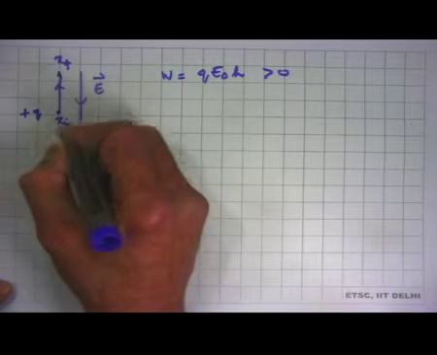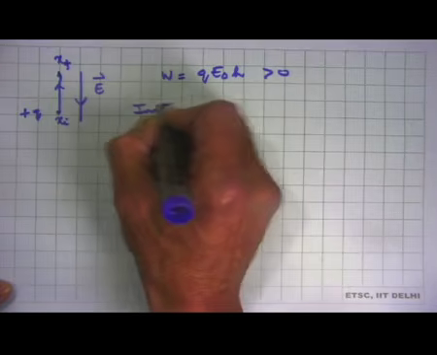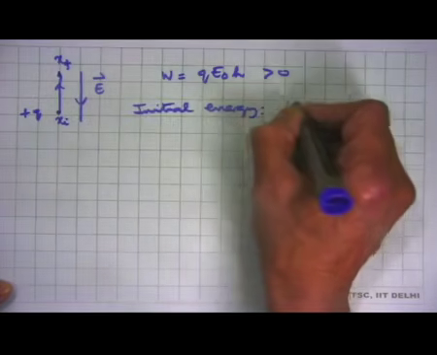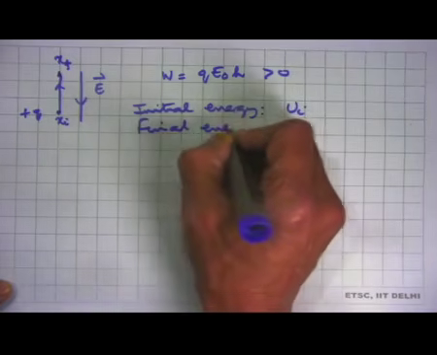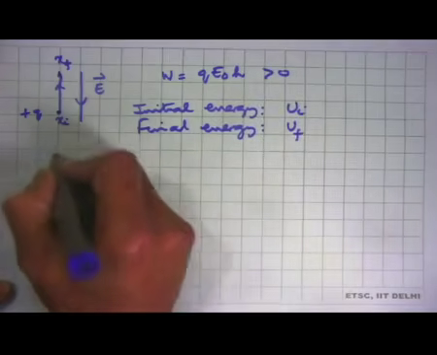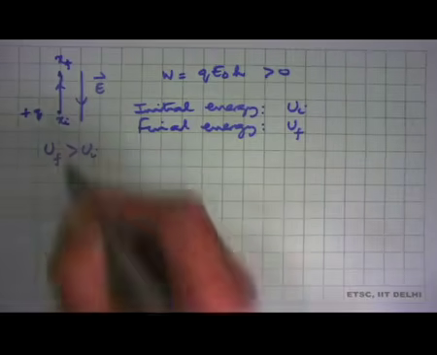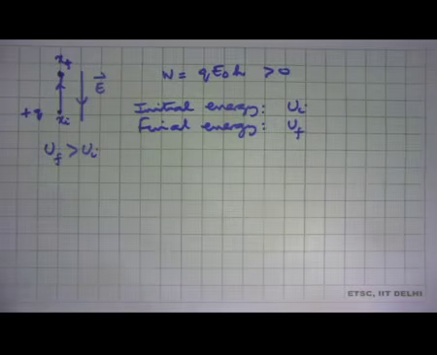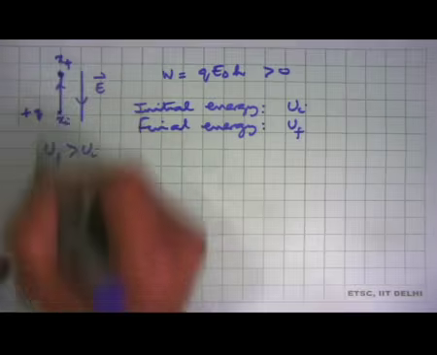If I call the initial energy of the charge ui and the final energy uf, you see here in this case uf is greater than ui. The potential energy at this point is more than the potential energy at this point. So, I have to do work on the charge in taking the positive charge from here to here.